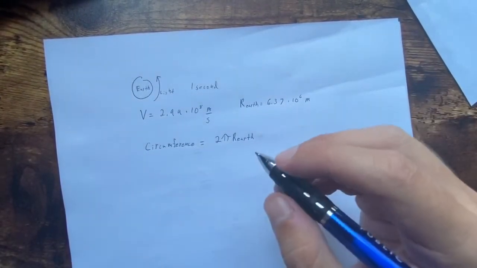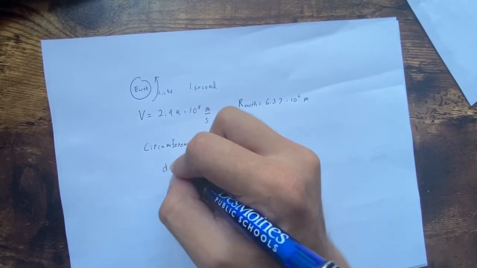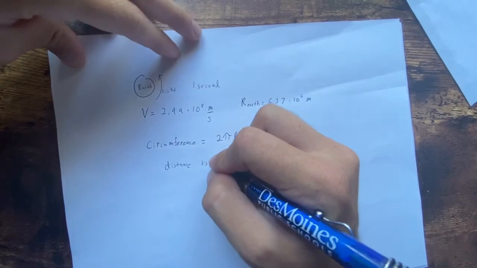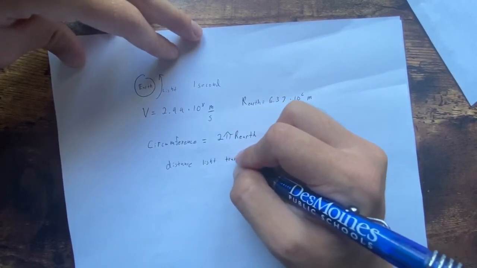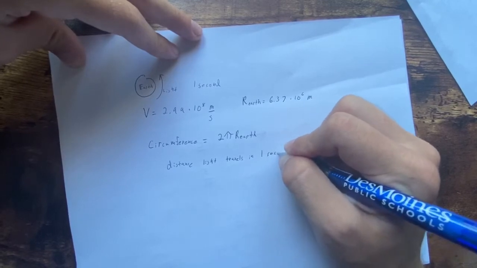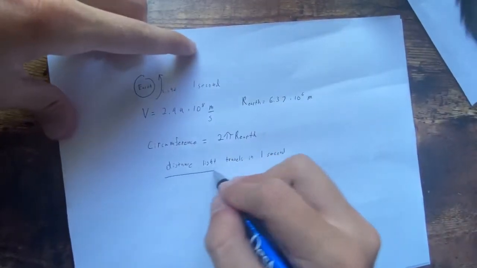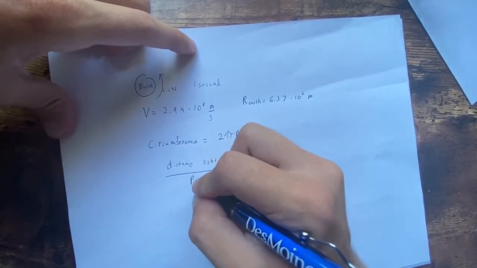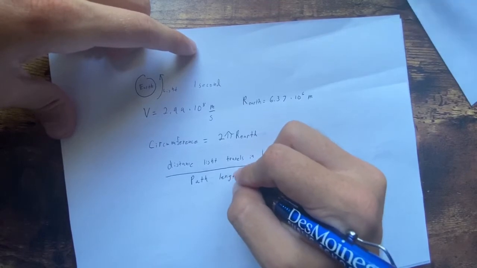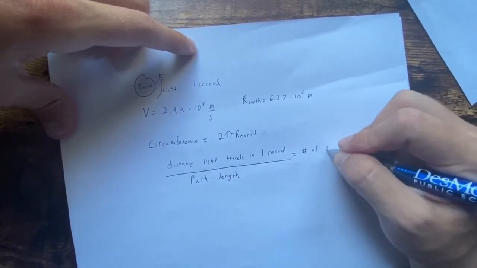Okay? So, the distance that light travels in 1 second divided by path length equals the number of times around.